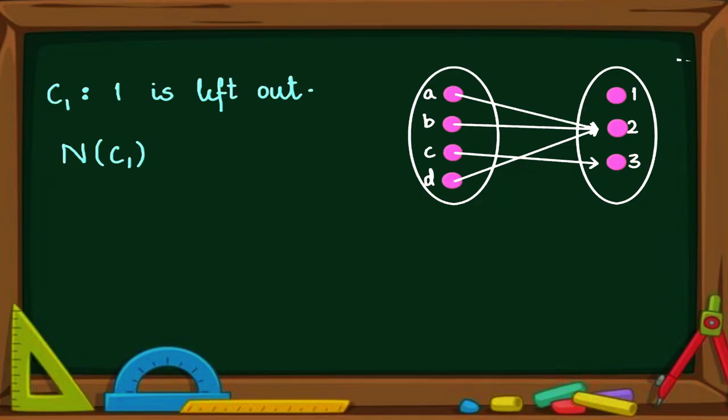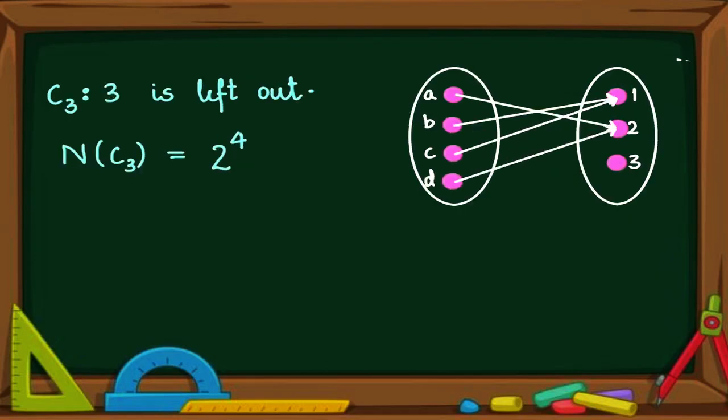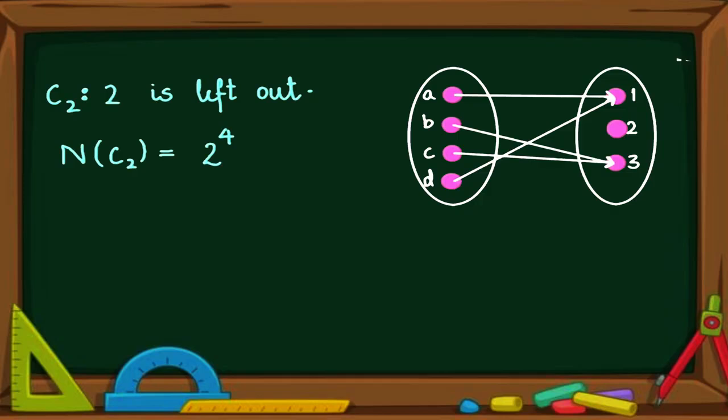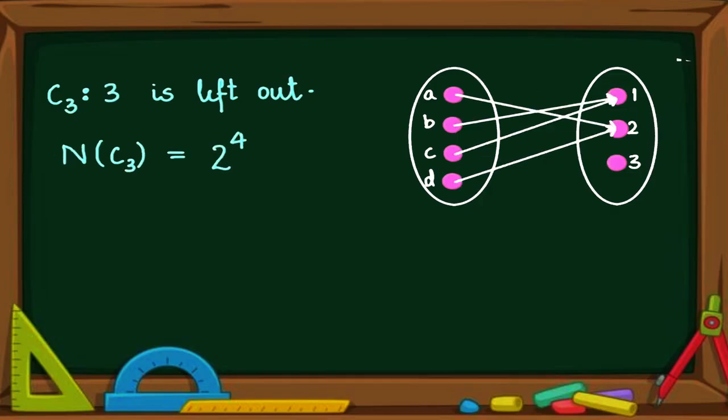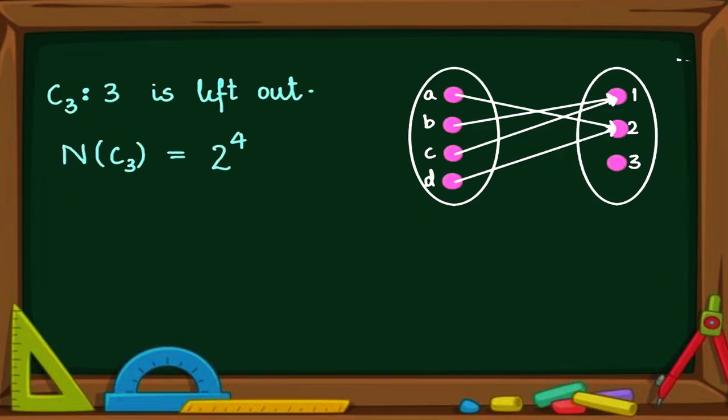The answer we know is 2 to the 4. This is the same answer for n of C₂ and n of C₃ by symmetry. Think about it, right? The total number of ways in which 2 is not mapped is again 2 to the 4. The total number of ways in which 3 is not mapped, n of C₃, is again 2 to the 4.